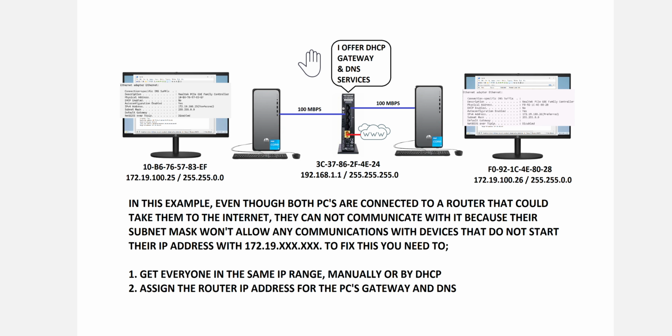However, I wanted to use this example so that you understood that just because the computers are connected, quote unquote, to the router, and in this case they would be connected, and these two PCs could talk back and forth to each other, that is true, but they couldn't utilize any of these other functions that the router is going to do for them and take them to the internet, because the router is programmed for a different domain in its IP address.